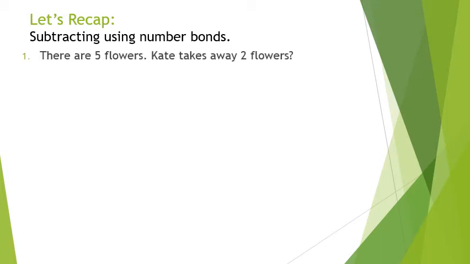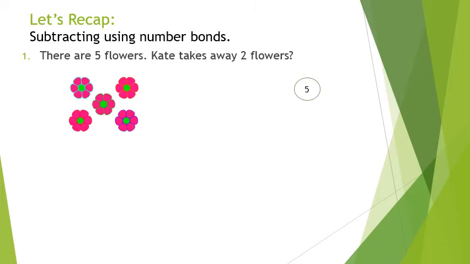There are 5 flowers. Kate takes away 2 flowers. Here is the picture of 5 flowers. From these 5 flowers, 2 are taken away. Okay?